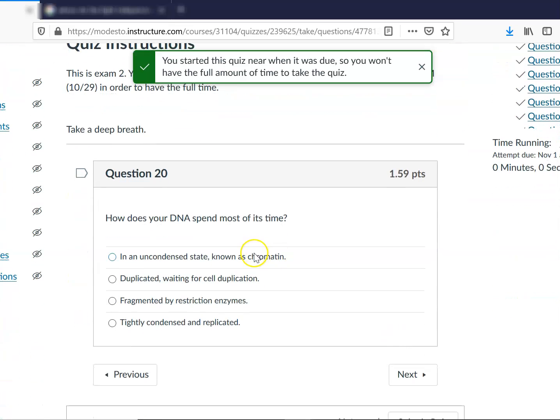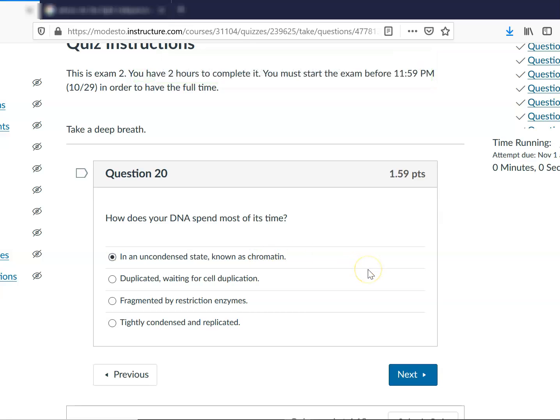How does your DNA spend most of its time in an uncondensed state known as chromatin? Remember, it's like a bunch of yarn that's been scattered throughout a room, and then when you start undergoing prophase, you're gathering up all of that yarn into like a ball that looks like an X. But most of the time your DNA is in an uncondensed state that we call chromatin.